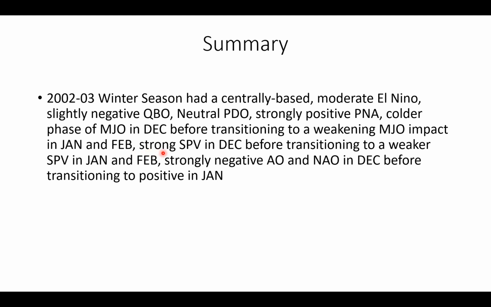Additionally, the 02-03 winter season had a strong stratospheric polar vortex, that's the SPV, in December. It was very strong before transitioning to a weaker stratospheric polar vortex in January and February. And there was a strongly negative AO and NAO in December before transitioning to a positive AO, NAO in January. So this is a summation of the 2002-2003 winter season.